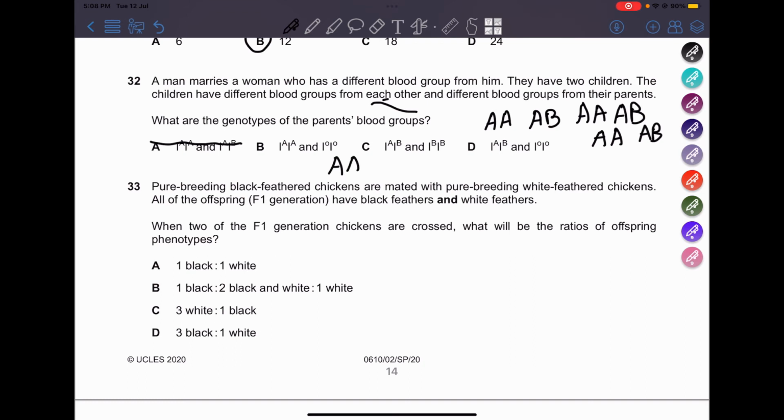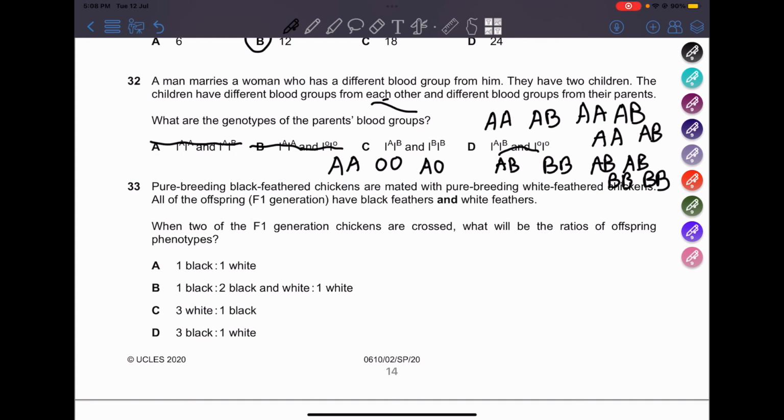Now over here, let's try it. AO, it's going to give us all AO. So no, it's not going to be our answer. Now C says AB and BB. Let's try it out. It's going to give us AB and AB again and BB, BB.